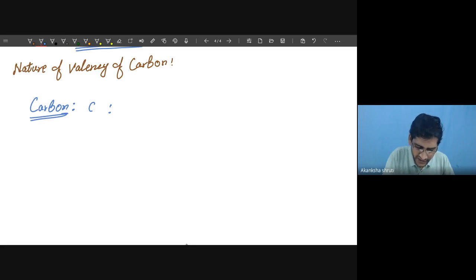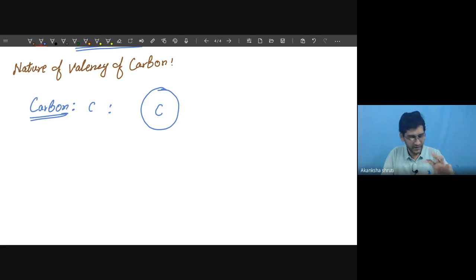For drawing this, I will just draw the outermost orbit or outermost electrons. Okay, no need to draw the inner orbit. For understanding valencies and the chemical behavior, basically we are interested in their valency or valence electrons.